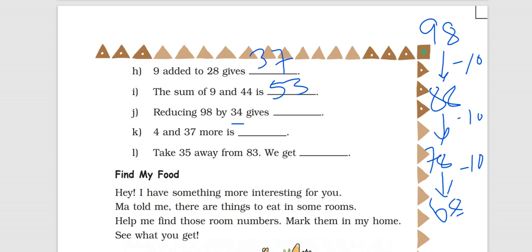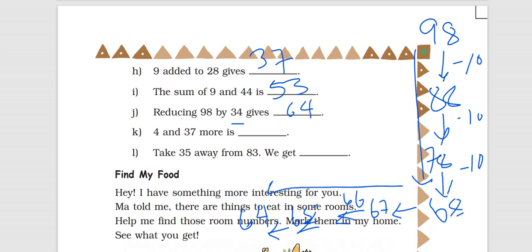Now, we have to give back 4 ones. 1 is 67. 2 is 66. 3 is 65. Give back one more step is 64. So 98 minus 34 is 64. We took 3 steps down and then 4 steps left. That is 64.